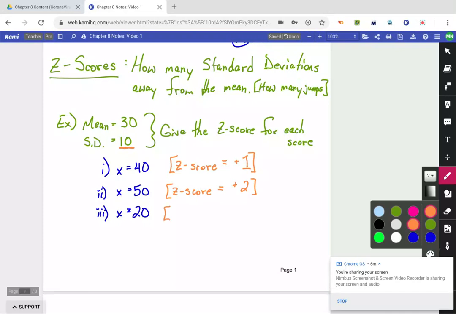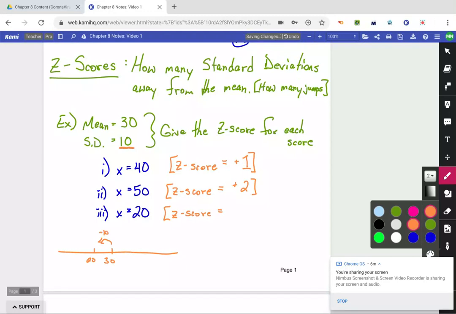And of course, any nerdy math teacher would give you an example for both directions, right? So the z-score here for 20, since 20 is less than 30, right? Envision a number line always. Since 20 is on the left-hand side, we had to go backwards 1 set of 10 units, right? Minus 10 here.